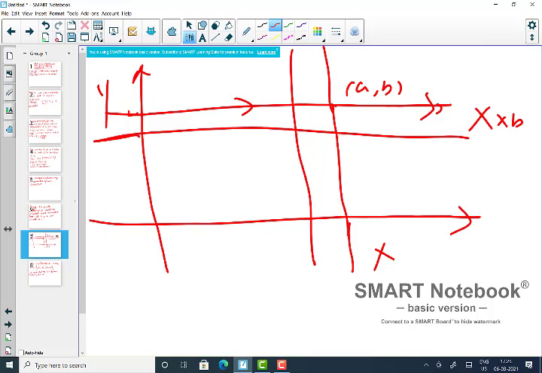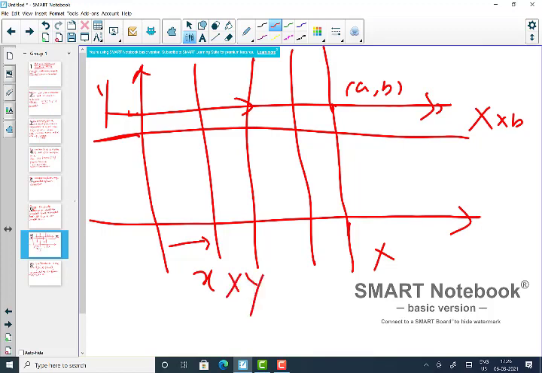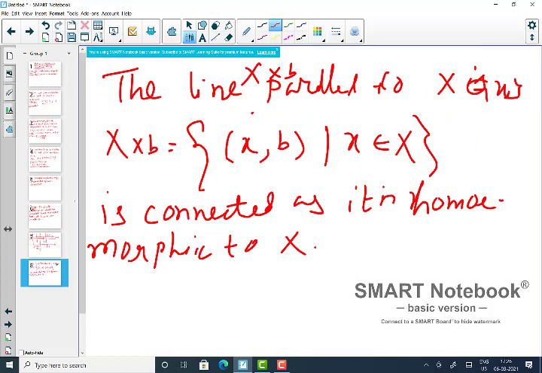Instead of this, I can take any point. This (a, b) is inside the plane, but I can choose any line here, it doesn't matter, maybe passing through some distance x. These lines are parallel to the y-axis, so you can write x cross Y. Given any x, you can write these lines.